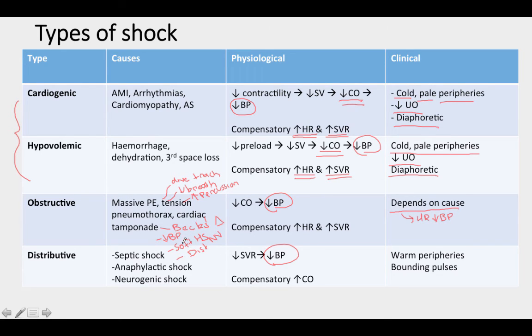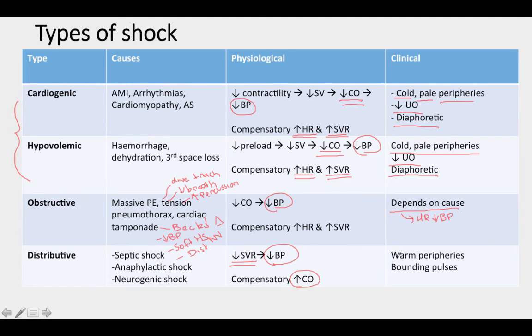Right? Now, the main thing is, I want to contrast these two forms of shock with distributive shock. Now remember, these two forms of shock are because of impaired cardiac output. It's not cardiac output that's the problem in distributive shock, it's the total peripheral resistance, right? Or the systemic vascular resistance. You can actually compensate by increasing your cardiac output.